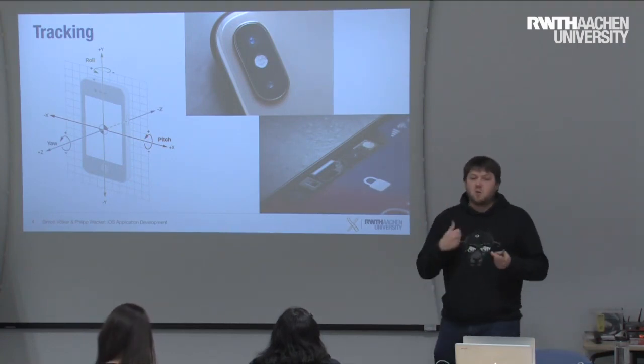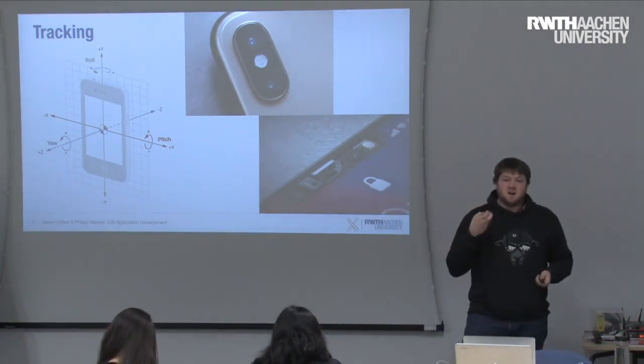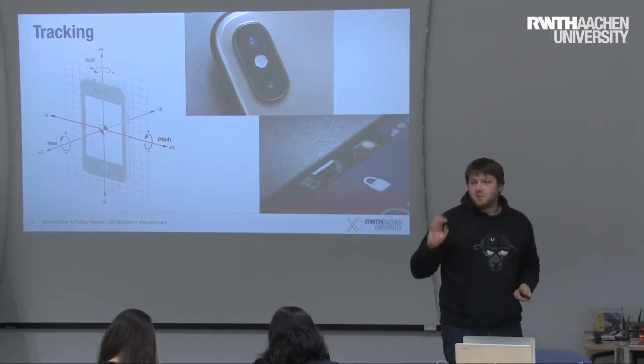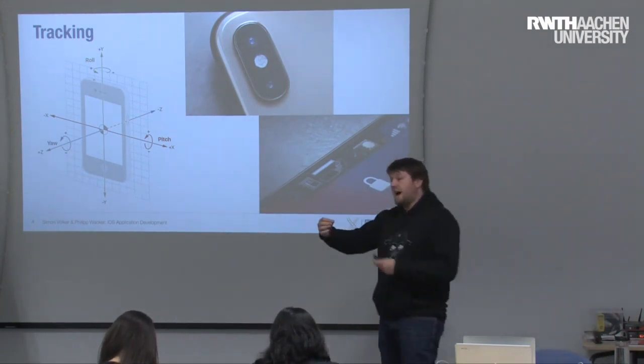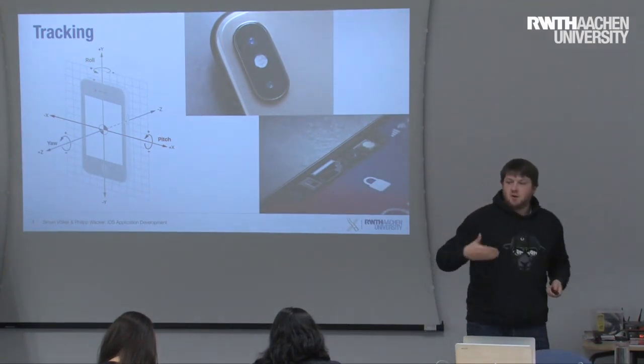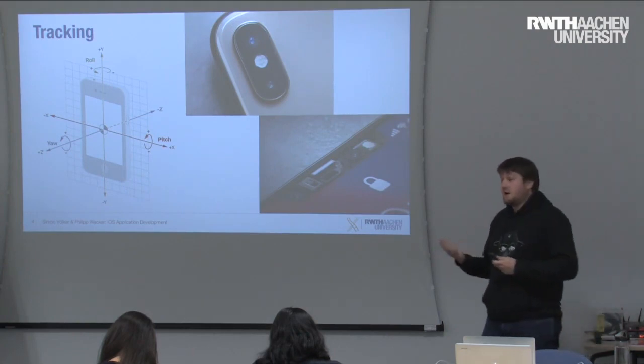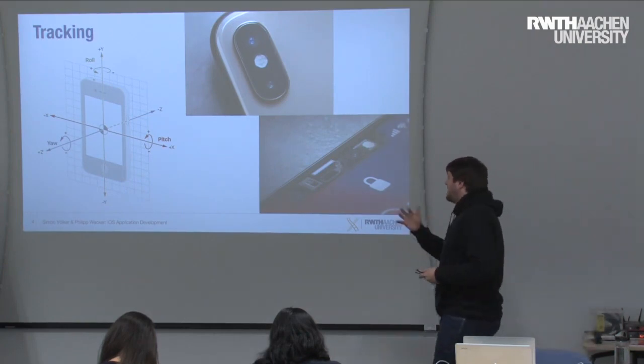So it knows exactly what the aperture is and what lenses are built in. So by detecting with the camera the surface and how elements in the scene change, it can estimate where surfaces and elements are, and what that means for my environment.